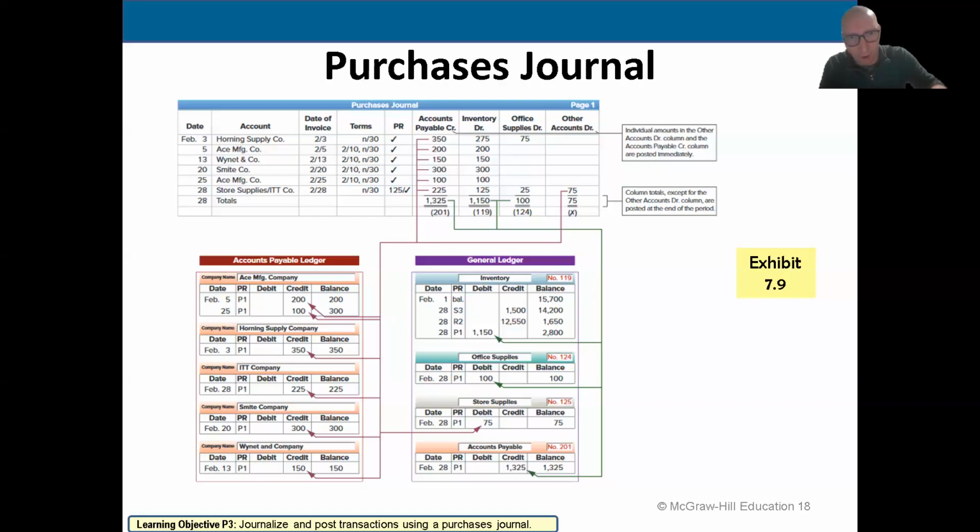We can also see how the total amounts roll up to our general ledger. So again, think of the purchases journal as a subsidiary account. It represents our inventory. The general ledger is the list of all of our accounts and it shows all the totals. This kind of shows you that connection.